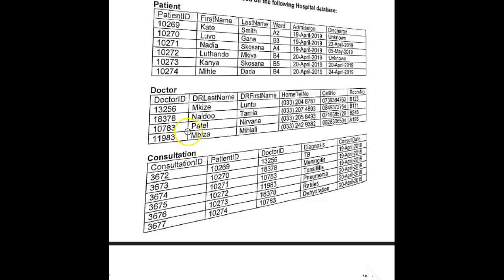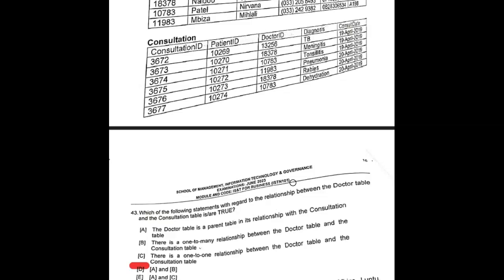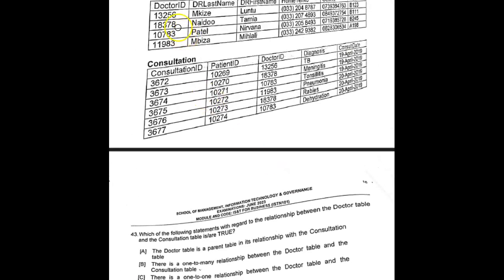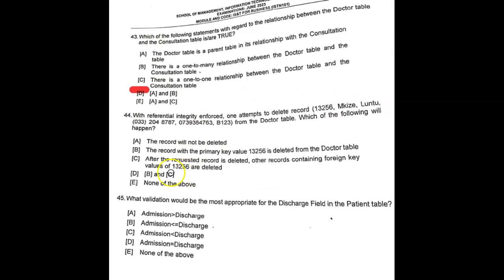So because they're related, when you delete the doctor, the thing over here will also be deleted. So if you delete this, patient Naidu will be deleted from this database also, because they're linked. Foreign keys, primary keys are linked. Whatever happens to one happens to the other. If you edit their numbers over here, that number will be edited over here. They're linked. So it'll be B and C.